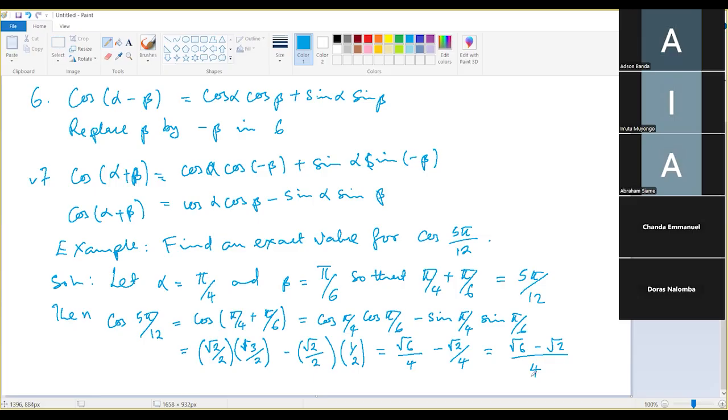So that's how we can use these identities to find the exact values of the particular angle that we are given. Is there any question or any clarification?